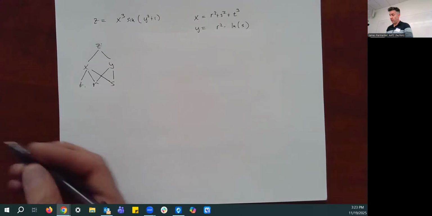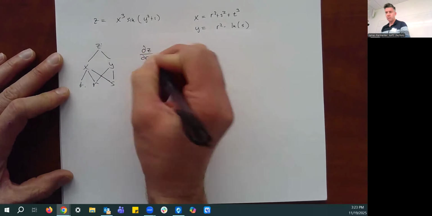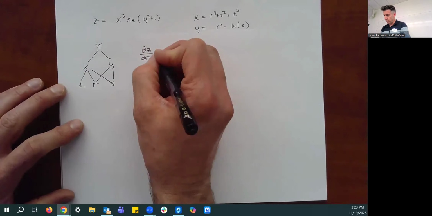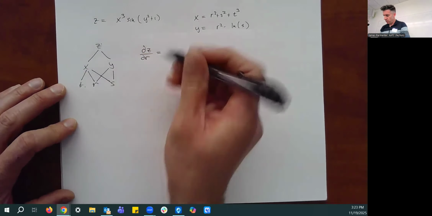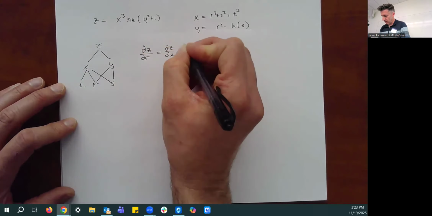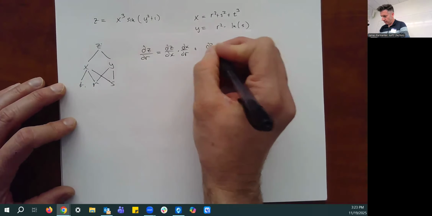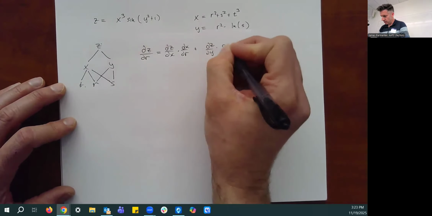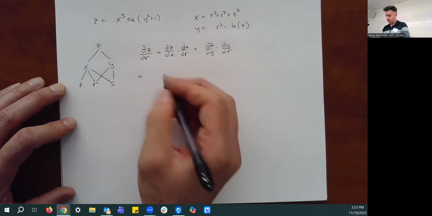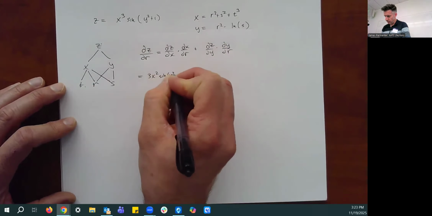For example, if I ask to find del Z del R, no big deal. It's going to be as usual: all the paths from Z to R, which is del Z del X times del X del R plus del Z del Y times del Y del R. If we calculate this, del z del x is going to be 3x squared times sine of y squared plus 1.